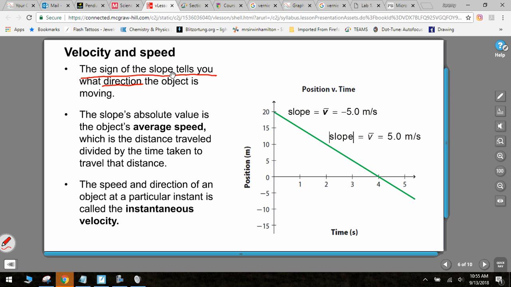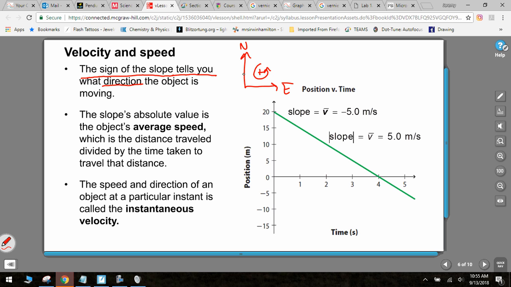So, way back, like 2 weeks ago, we talked about our typical positives and negatives. We did our little coordinate system right here. So if it's positive and to the right, we said it was to the east.